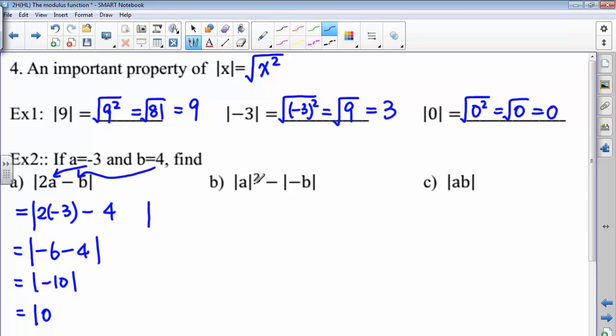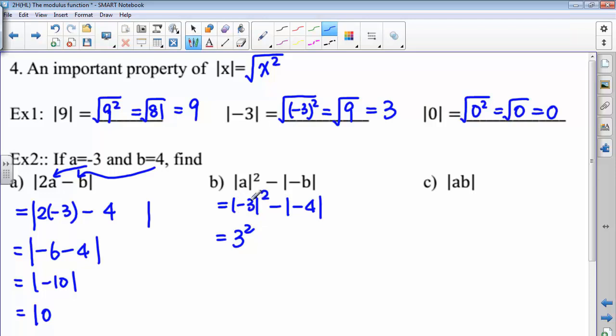The absolute value of A squared minus the absolute value of negative B. The A value is negative 3. Let's plug in. Then squared, minus the absolute value of negative 4, plugging in 4 for B. The absolute value of negative 3 is 3. Then I do squared.